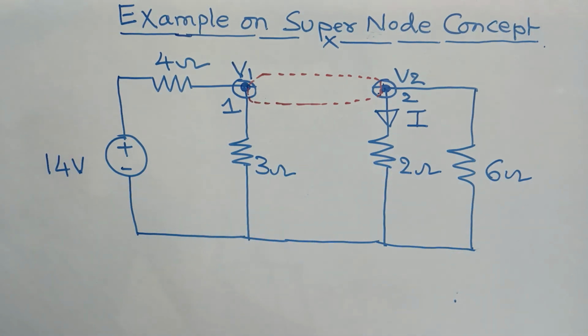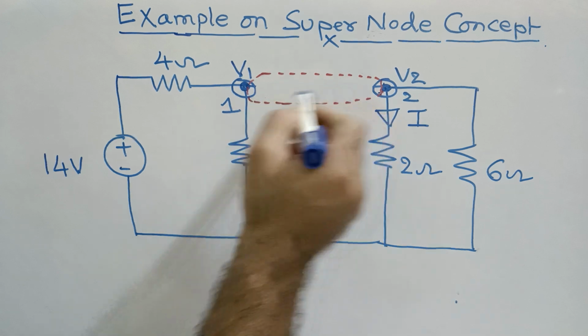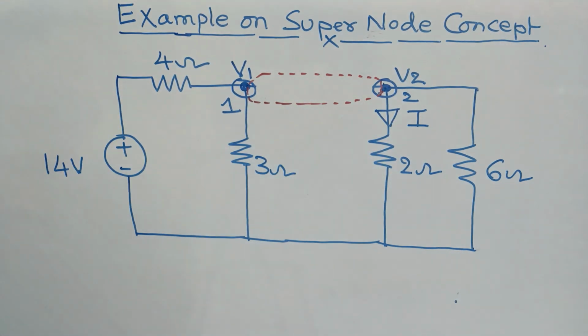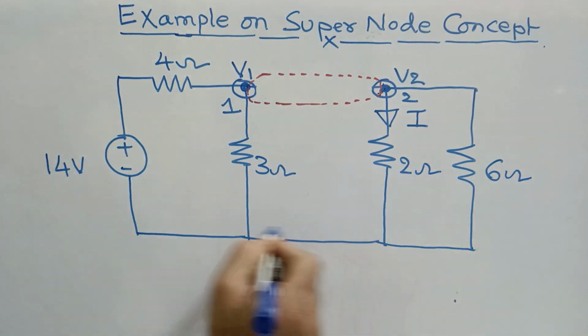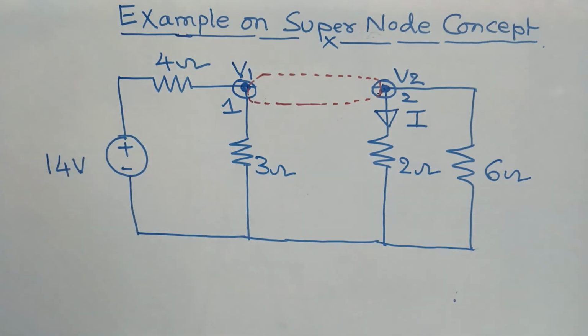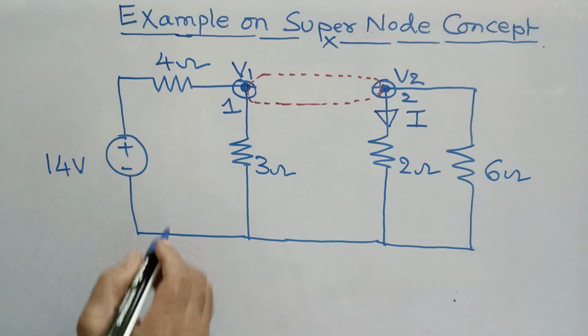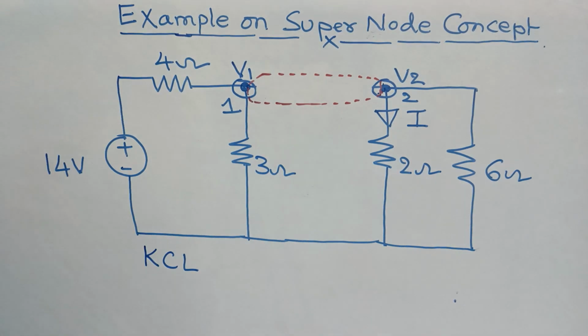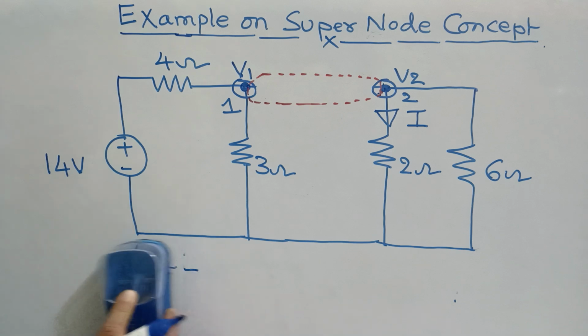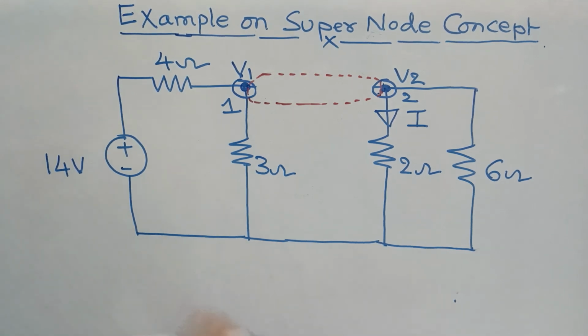After disconnecting that voltage source, you have to assume the entire circuit as a single circuit. Now we have to apply the KCL. Remember that after disconnecting the voltage source, we have to immediately apply the KCL. That is the condition to remember.